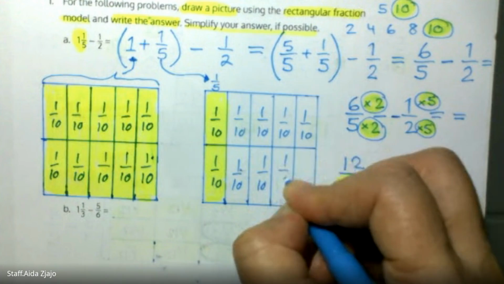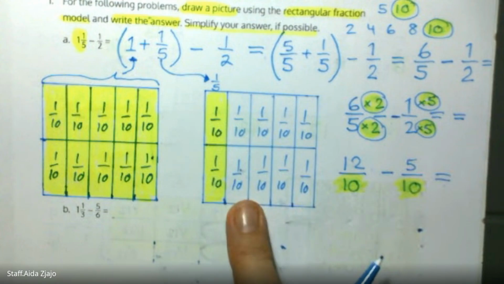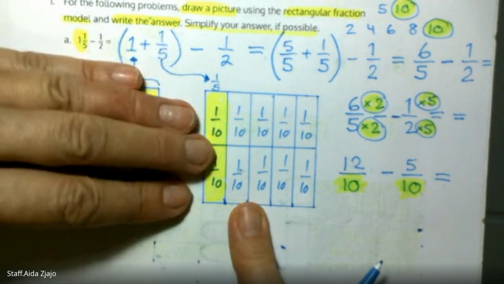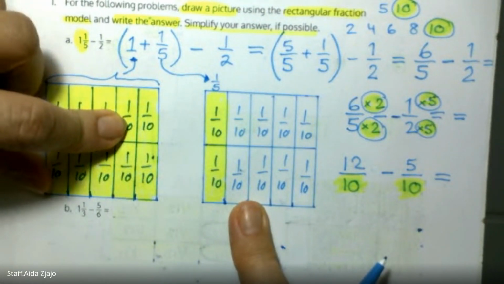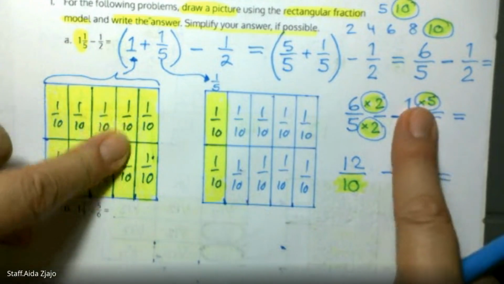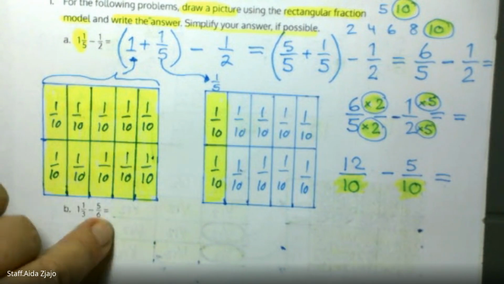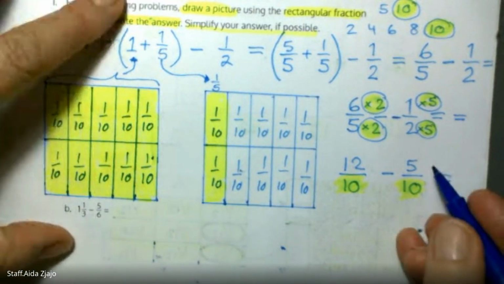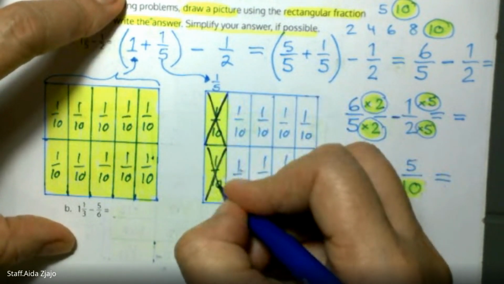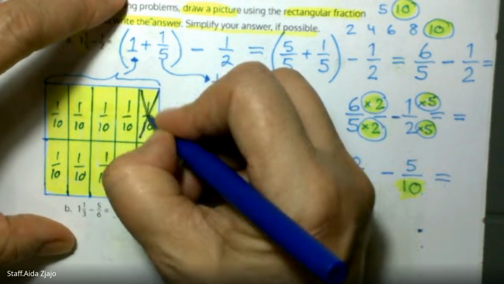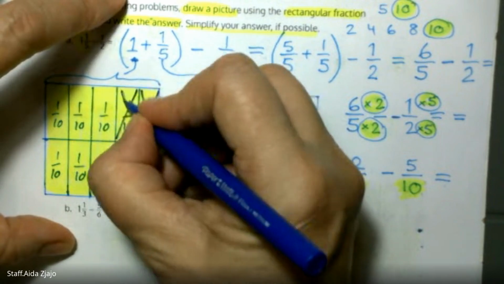I ate 8 tenths last night. And then I have here 12 tenths to give away 5. Half is 5 tenths. So I'm going to give my friend now 5 tenths. 1 tenth, 2 tenths, 3 tenths, 4 tenths, 5 tenths.